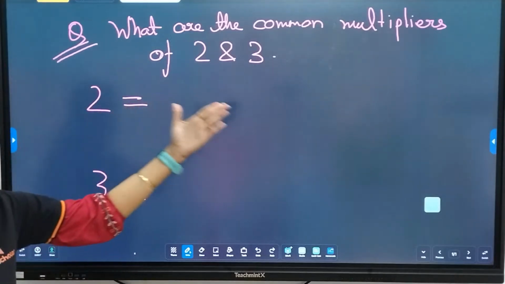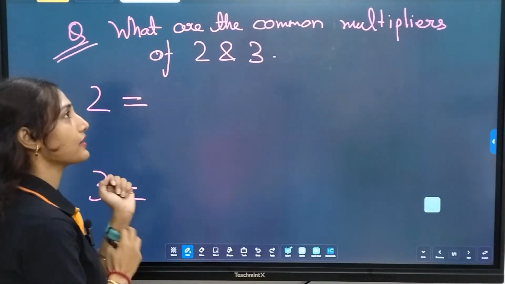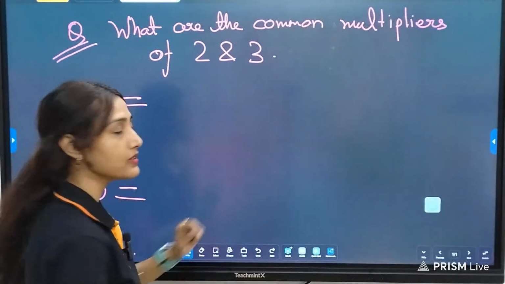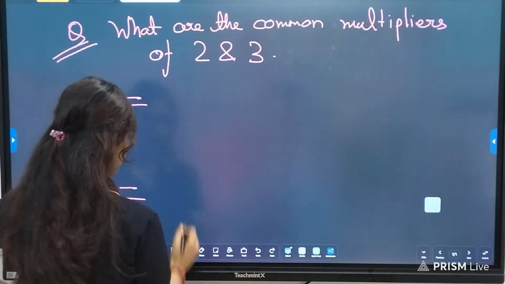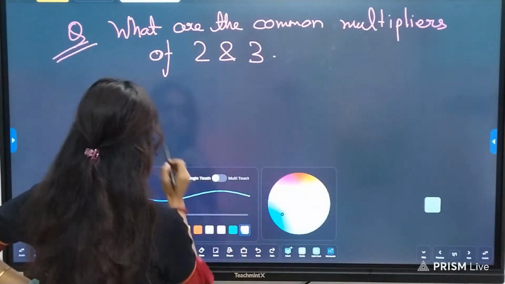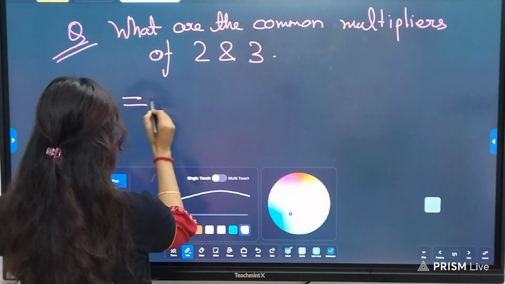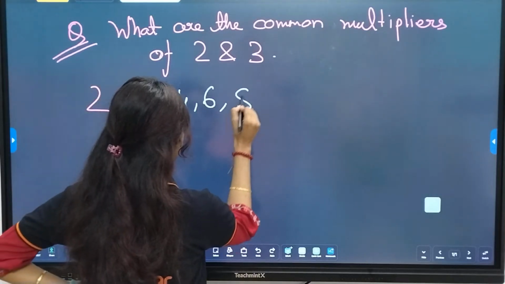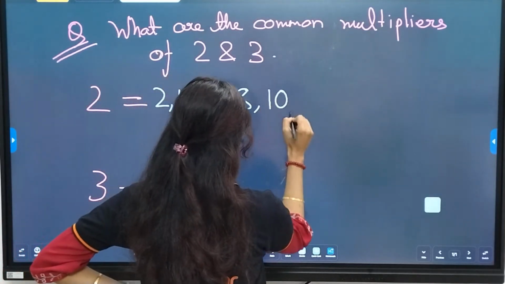Just write the table of 2, take maximum 10 numbers, okay. So from 1 to 10 you just write the table, okay. 2, 4, 6, 8, 10, 12.